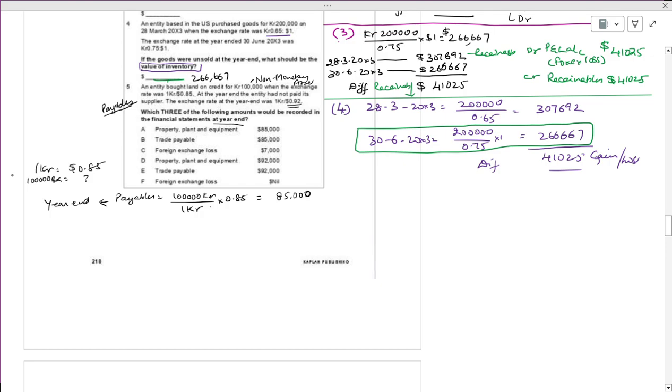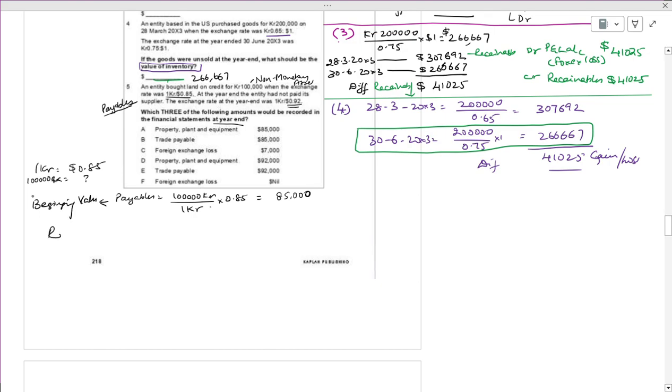This is where we bought the land, so this is the beginning value, the initial cost.